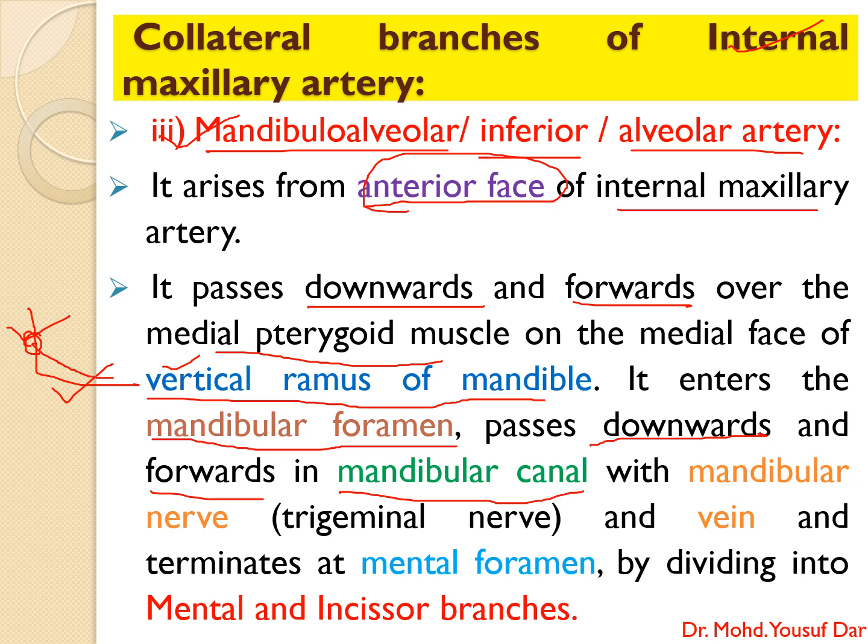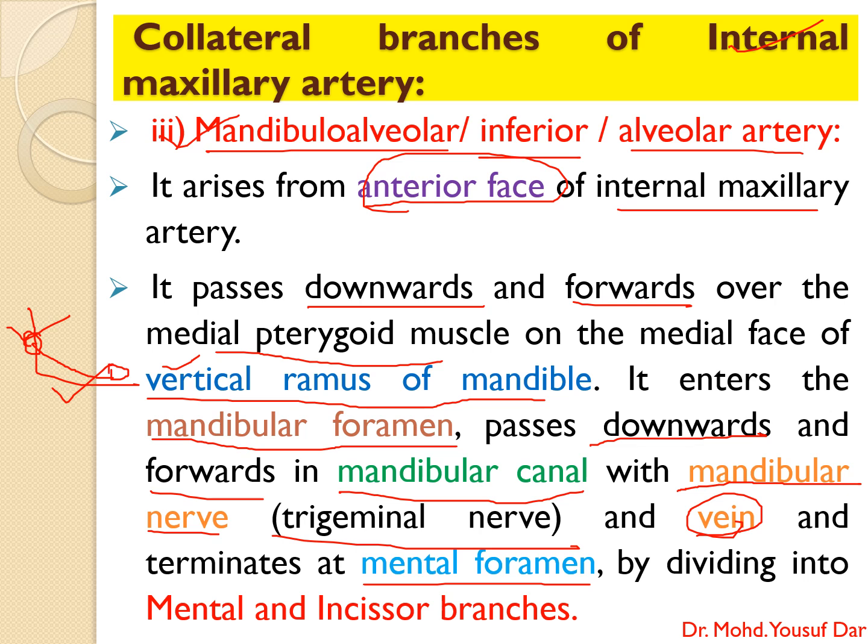Through the same mandibular canal, it finally goes accompanied with the mandibular nerve, a branch of the trigeminal nerve, and the vein, and terminates at the mental foramen. So it goes through the mandibular foramen, through the mandibular canal, and terminates at the mental foramen.